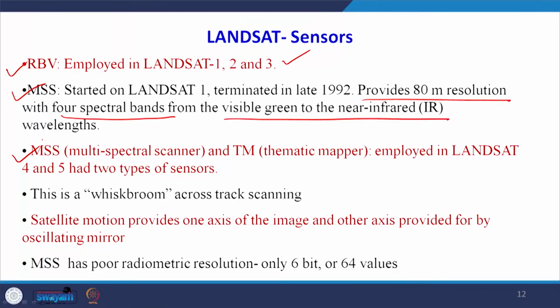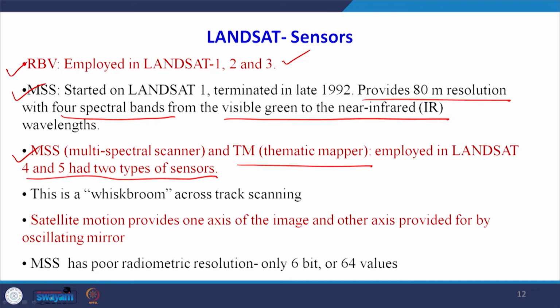Then the MSS multispectral scanner, and later on the thematic mapper came, which was employed in Landsat 4 and 5, 2 types of sensor. So, RBV was dropped, and then we had MSS and thematic mapper. We are getting 4 images from MSS and 7 images from thematic mapper, at different resolution from both sensors, but 11 images of the same area.